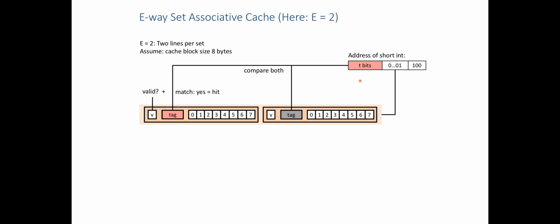So we compare them, and if there's a match, then it's a hit as long as the valid bit is also set. In this particular instance, suppose we were looking for block 100, which is 4, then that's where we would start reading.